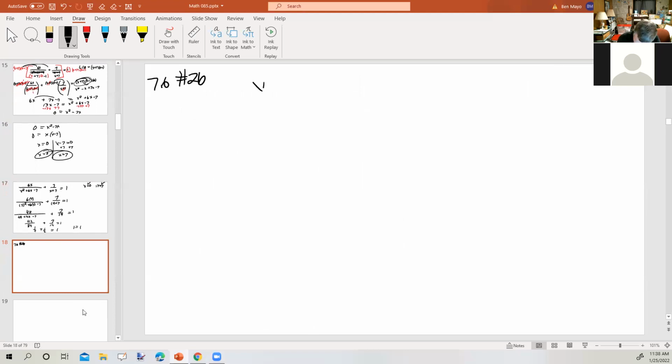Okay. So y plus 2/5 equals 2y minus 40 over 5y minus 25. So I can take the 5y minus 25 and factor out a 5 and have y minus 5.